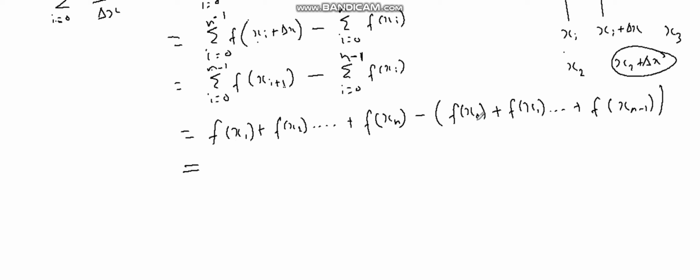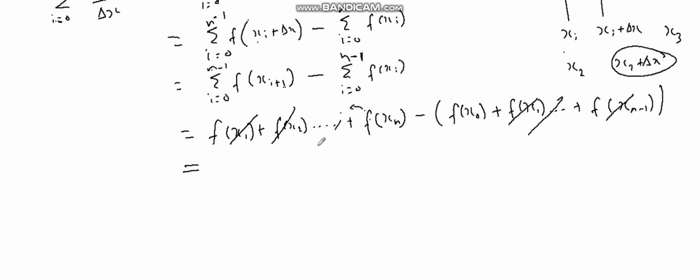So we can see that these terms will cancel out, okay. These terms will cancel out over here, and this n minus 1 will also cancel out, because just before this f of x_n, there will be the term f of x_{n-1}, okay. So these terms are going to cancel out.